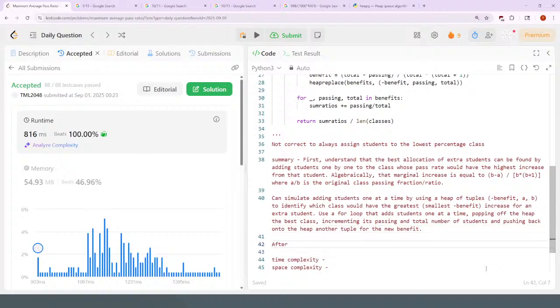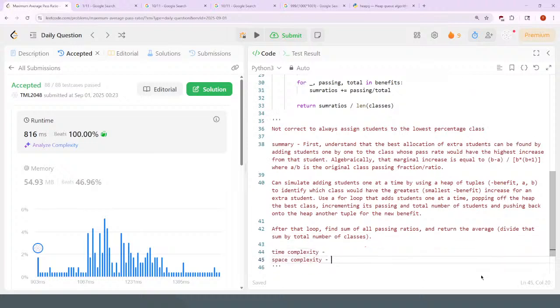After that loop, find the sum of all passing ratios and return the average, which is that sum divided by the total number of classes.